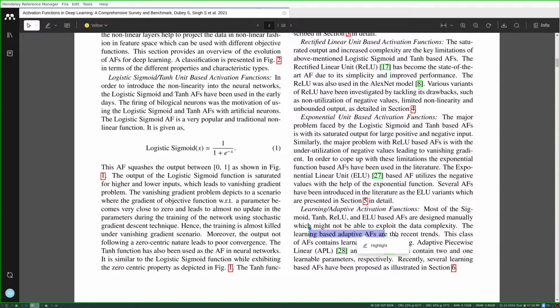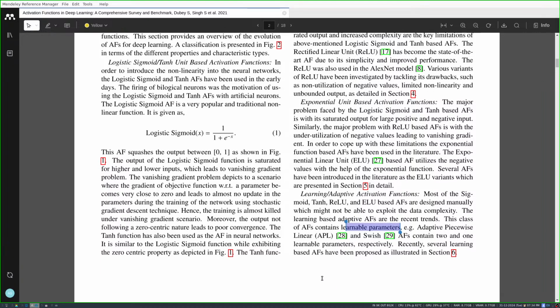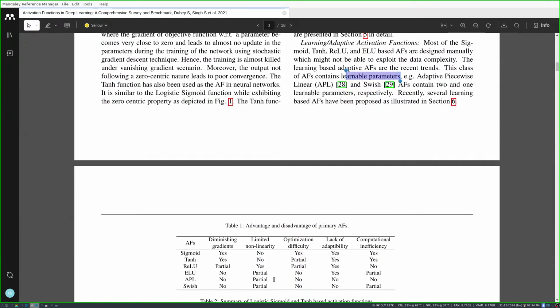The learning-based activation function is a recent try; this class contains learnable parameters. The activation functions contain two and one learnable parameters respectively. Swish, adaptive piecewise linear. Recently, several learning-based activation functions have been proposed, illustrated in the section.